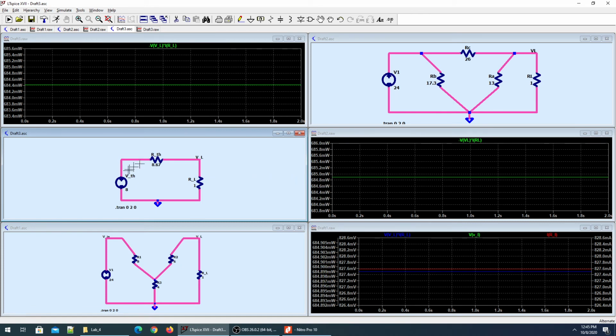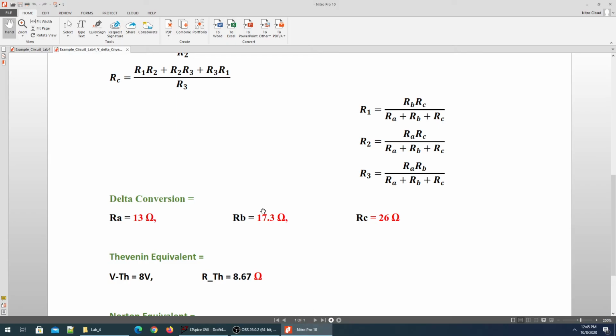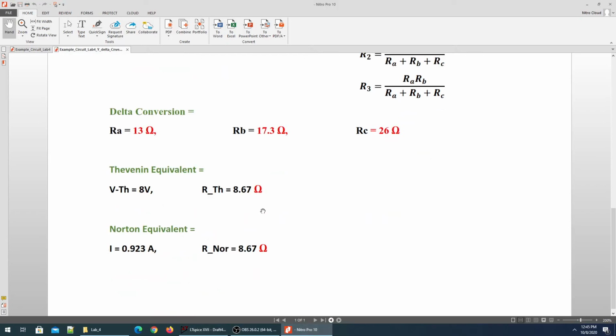So this was our Thevenin equivalent circuit, and we see everything is consistent. Let's find the last one, the Norton equivalent. For the Norton equivalent, the current source is supplying 0.923 amps, and once you have found these things, you can quickly find these values.